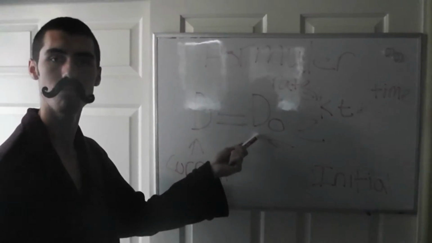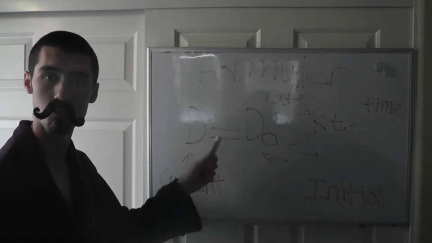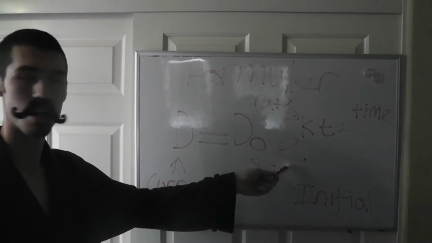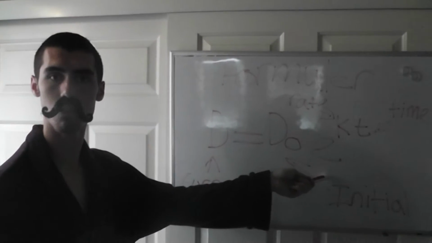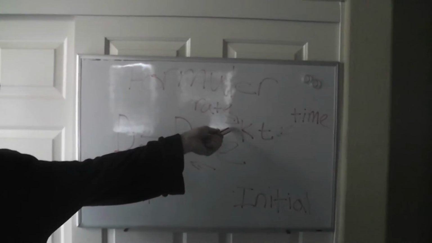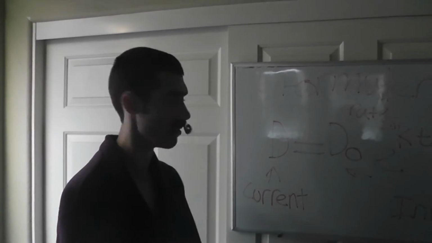D sub 0 is the initial difference of my tea. Meaning, my tea at 110 degrees minus the outside temperature. E is a constant variable. K is the rate at which my tea cools down.